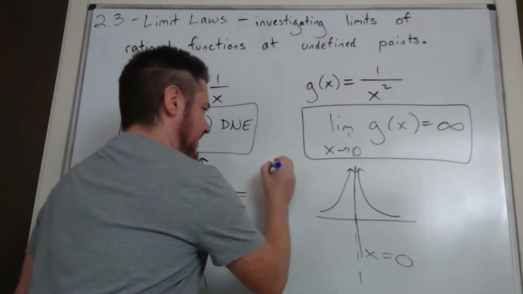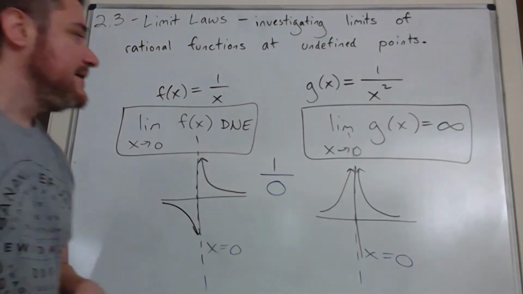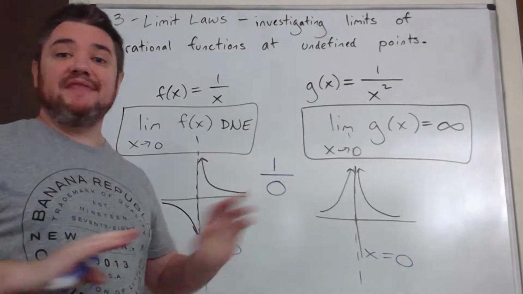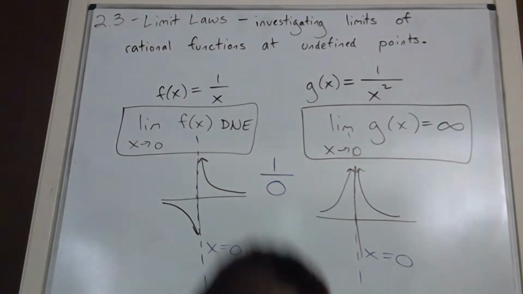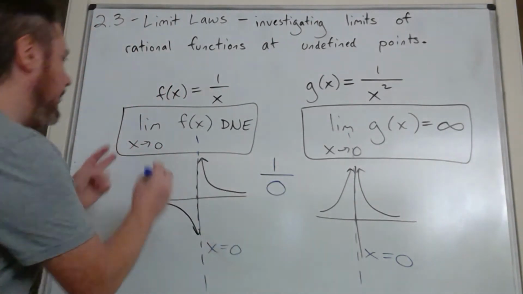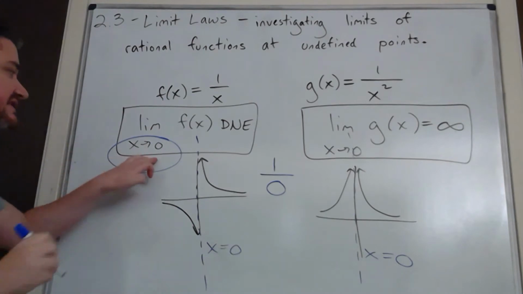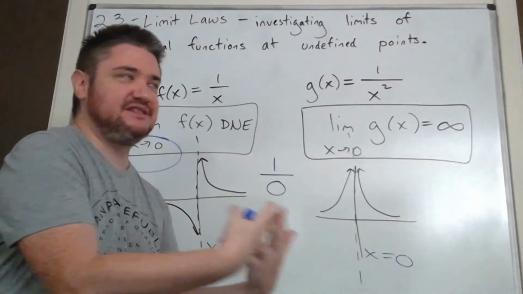And let me just reiterate why that happens. In this case, 1 over 0, but anything else over 0, we can't divide by 0, right? That's not allowed. That's why the function itself doesn't exist there, right? There's no point there because we can't do that. So the function does not exist there. However, remember, when we take the limit as x approaches 0, we're using direct substitution to see what's happening.